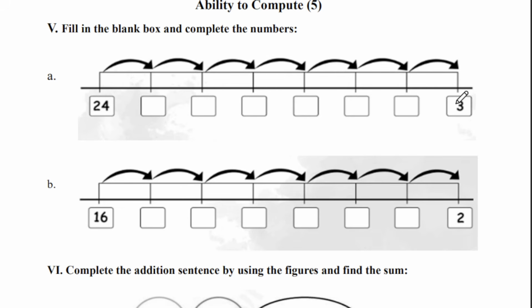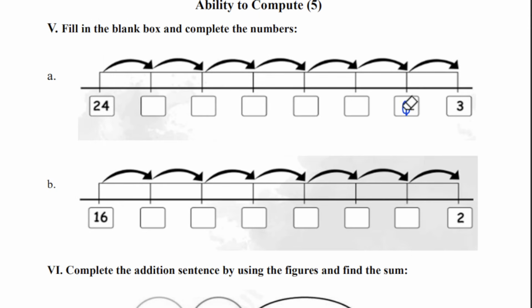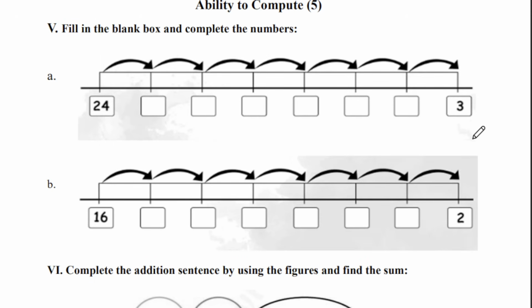So let's write the 3 table. After 3, 3 twos are 6, 3 threes are 9, 3 fours are 12, 3 fives are 15, 3 sixes are 18, 3 sevens are 21.